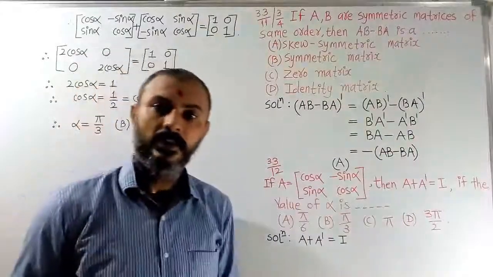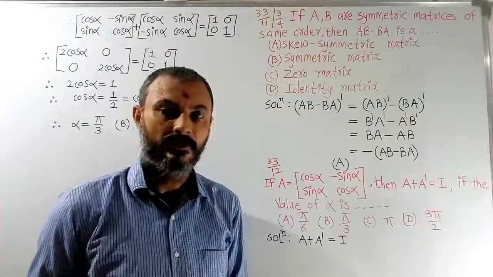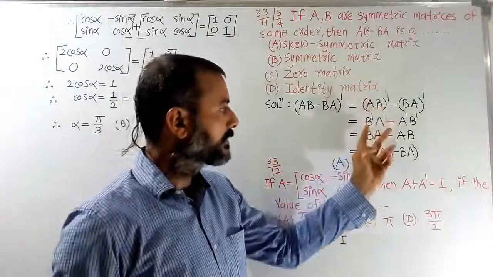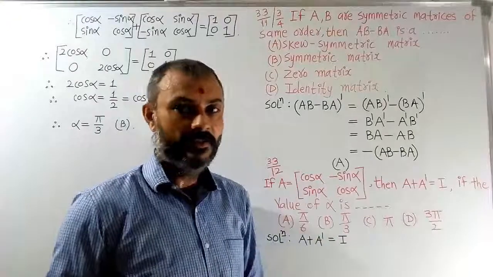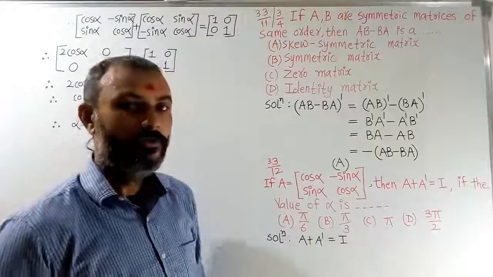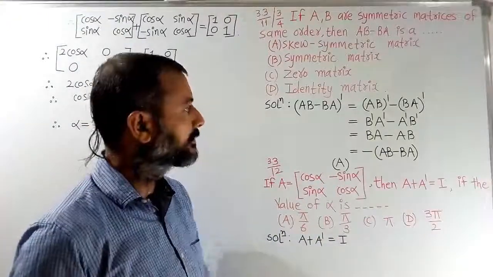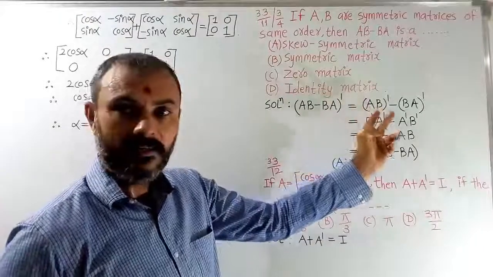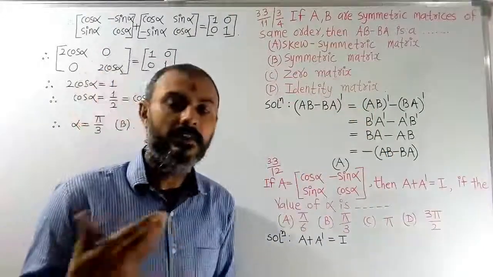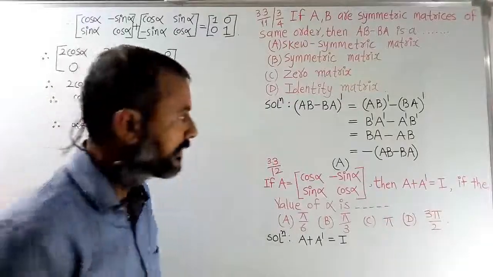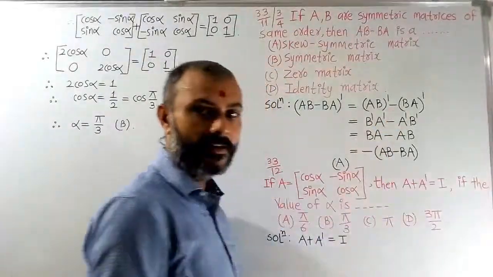Now we know the product property of transpose. AB transpose is B transpose A transpose. We noted all these properties many times. So you have to remember this thing, that when we apply the transpose on a product, the order of the matrices will be changed and it applies separately.